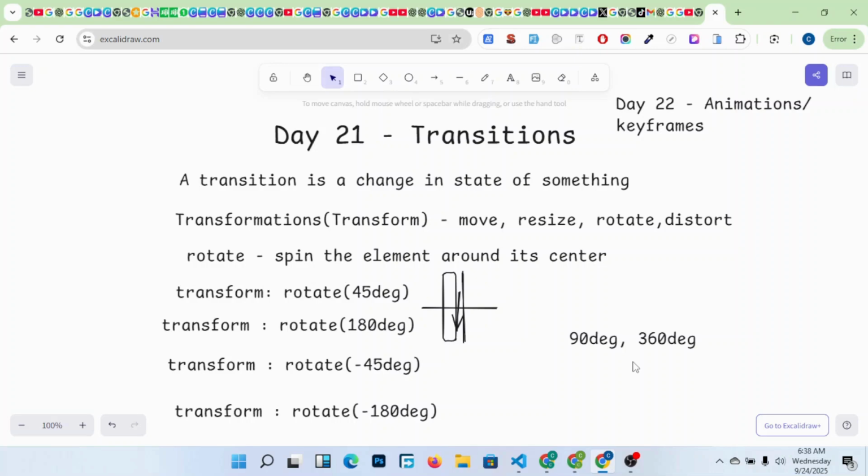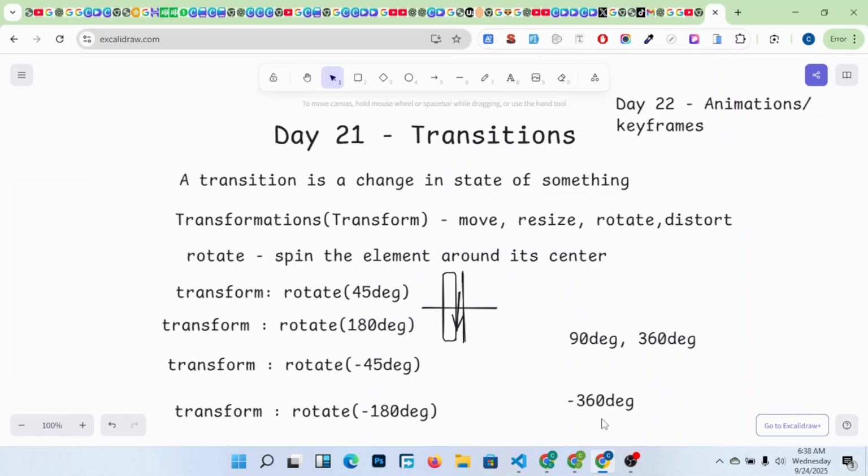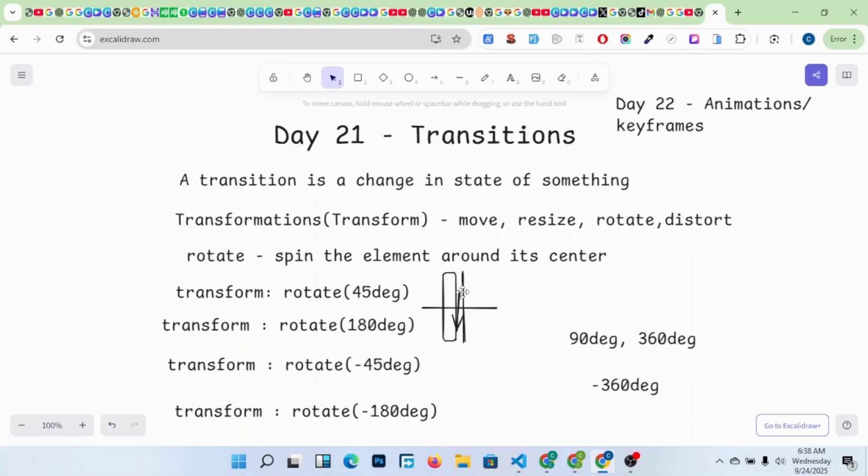So even if I say something like negative 360 degrees, you understand what this one means. The difference between this one here and this one here: 360 degrees means it will start from here and go up to here.